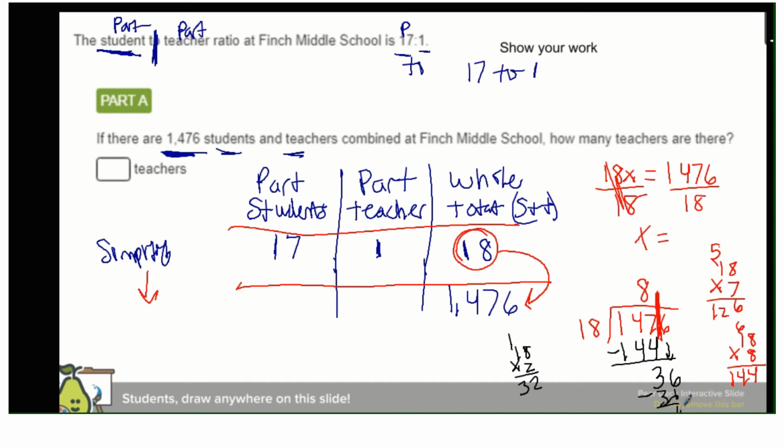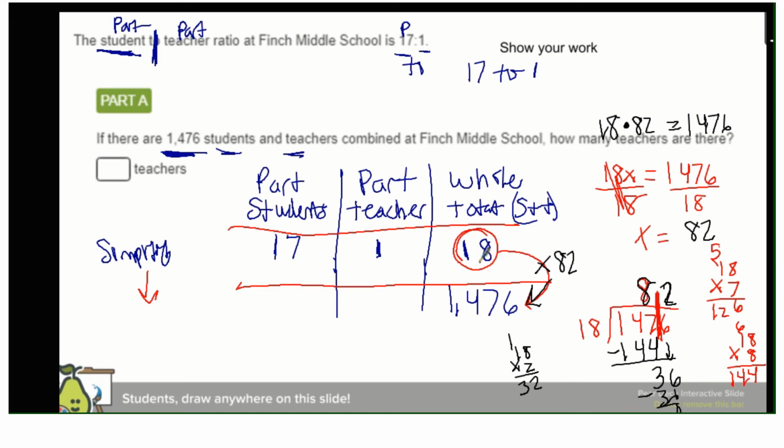So it'll be a 2 here. So it's going to be 82. So that means if I were to multiply 18 times 82, it is going to be equivalent to 1,476.